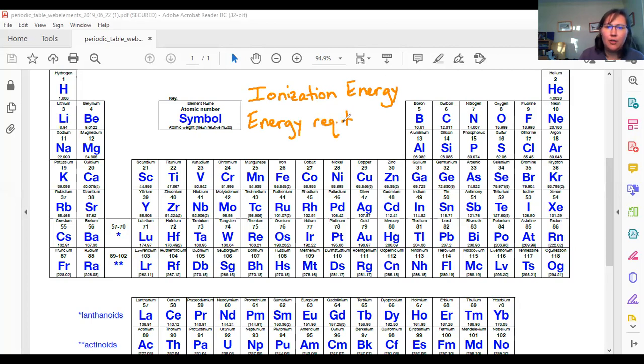Now as we go across the periodic table this way, it gets harder to remove an electron. So it's easier to remove an electron on one side and harder on the other. And that sort of makes sense.